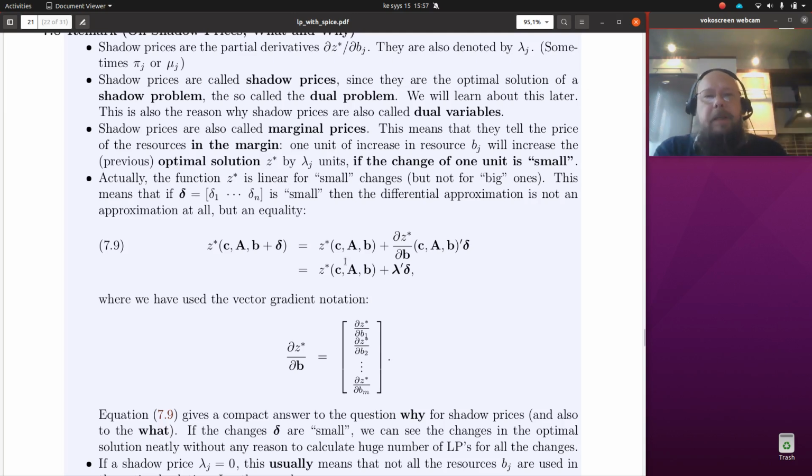But for this, it's more clear that okay, I have the original, and then this is the increase of this delta to this, and this gives how much each delta component gives me more influence on the optimal z star, I mean the optimal value.